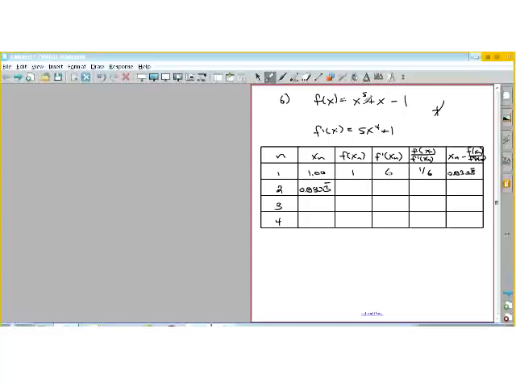Let me take the answer, 0.83333, raise that to the 5th power, add the answer, minus 1. I get that the value of the function is 0.235.